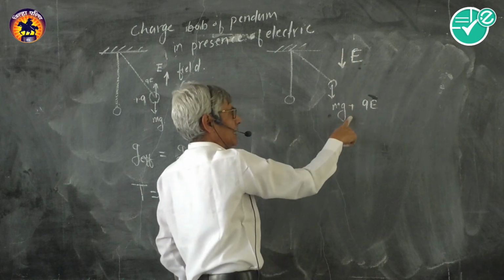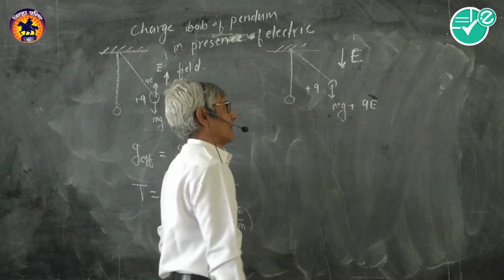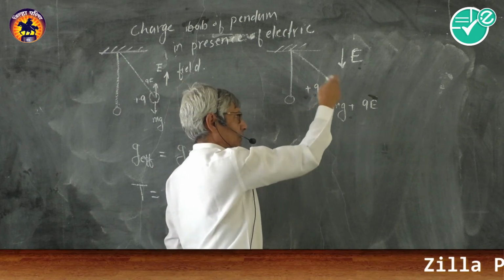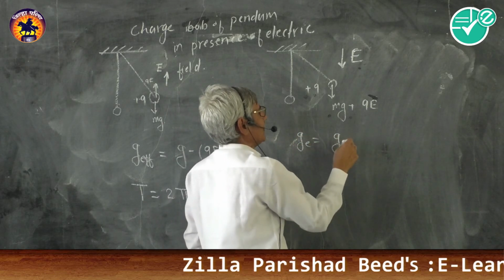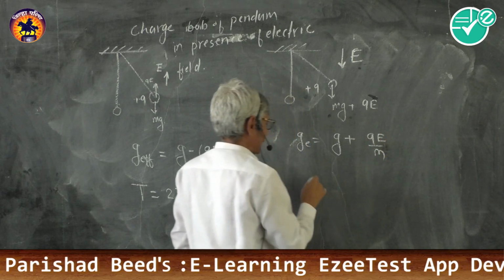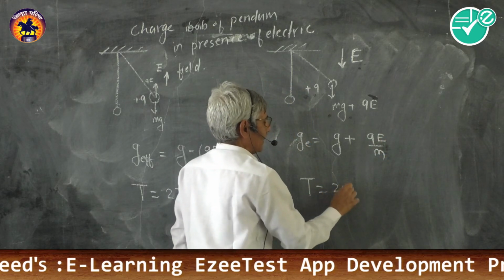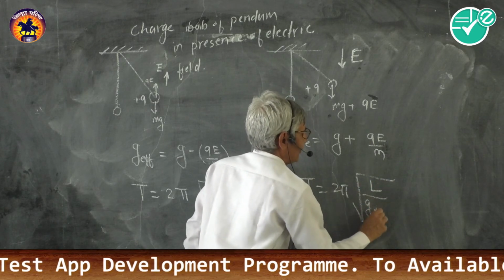If E is the intensity, then force is Q into E, where Q is the charge on the metal sphere. So g effective becomes g plus Q into E by m, and period becomes T equal to 2 pi square root of L divided by g plus Q into E by m.